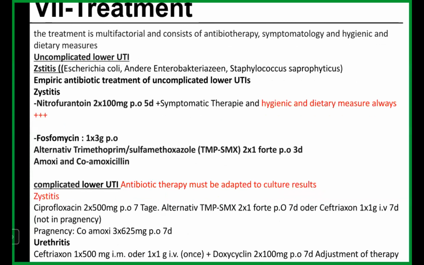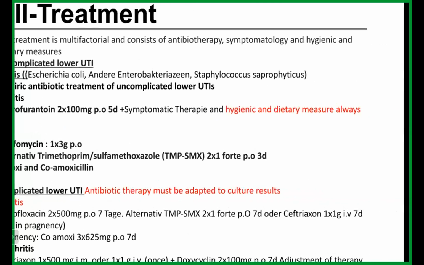What are these hygienic and dietary measures? The patient has to go frequently to evacuate the urine. They have to wash the genital area after every sexual contact, and better, I said, during these 4 or 5 days that they're using antibiotics, they have to take a vaginal or genital shower every time they go to the toilet.